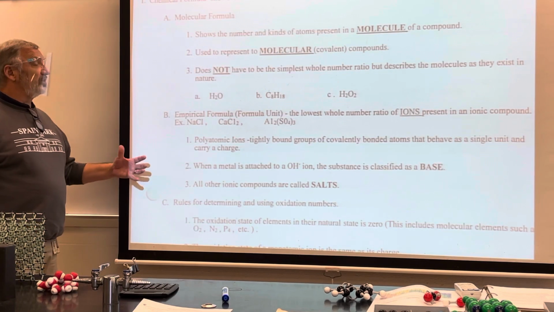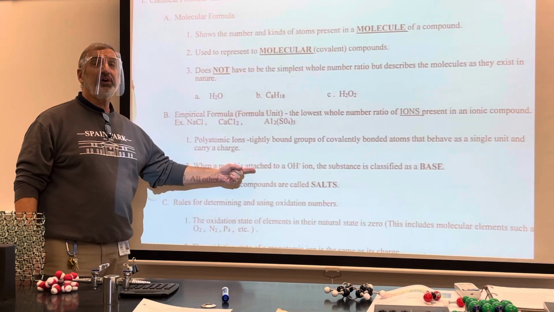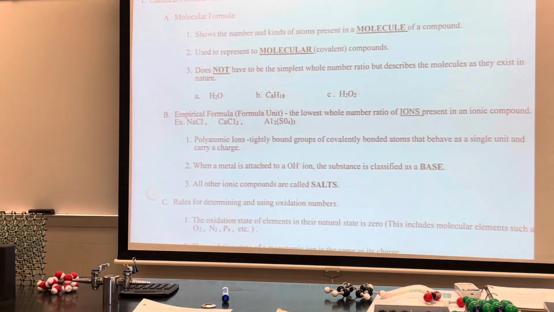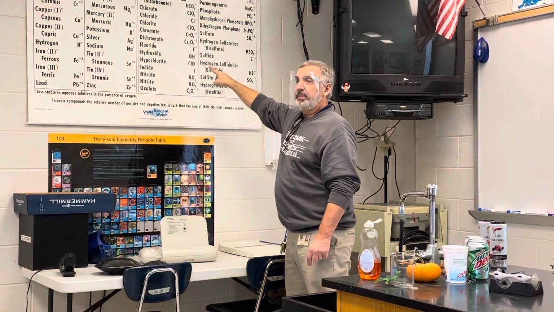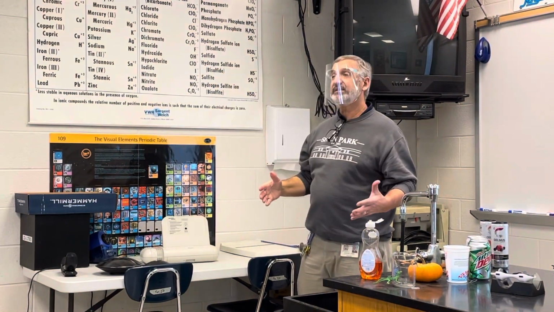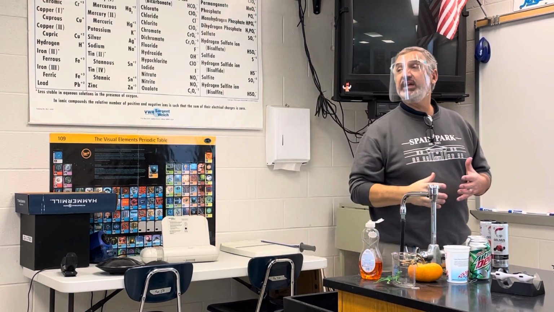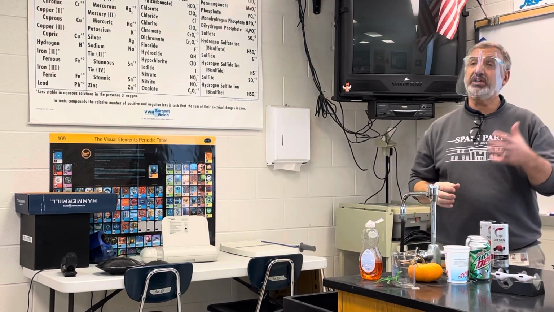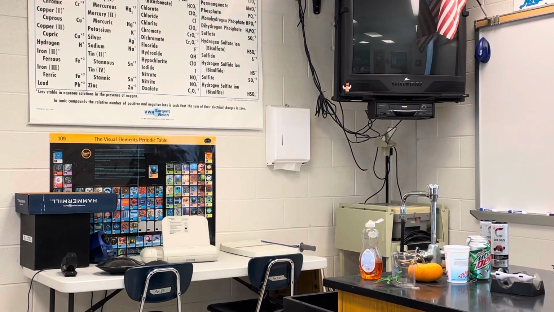Now, these are just some little tidbits for you. If a metal is attached to an OH ion, specifically that hydroxide ion, that's what we call a base, opposite of an acid. You got acids and bases. Bases all contain hydroxide ions attached to a metal. All other ionic compounds are called salts.